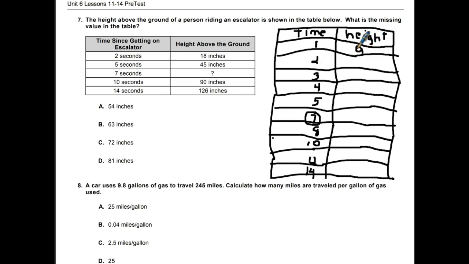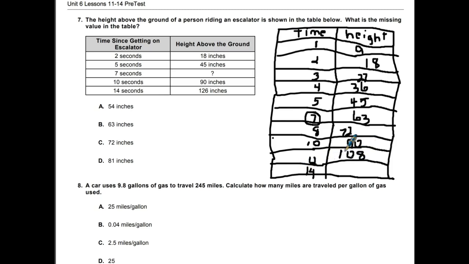Okay, so I have a ratio of 1 to 9. Well, when I have 2 seconds, 2 times 9 is 18. 3 times 9 is 27. Since my pattern is 9, I can figure the rest of these out easily. 9 times 4 is 36. This is going to be 45. 7 times 9 is 63. 8 times 9 is 72. 10 times 9 is 90. 12 times 9 is 108.